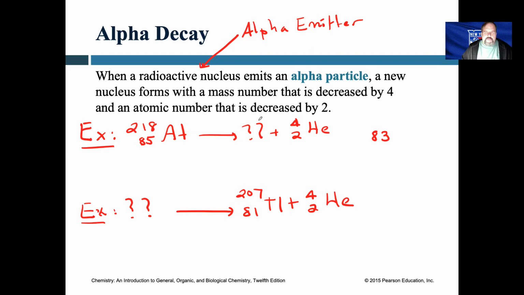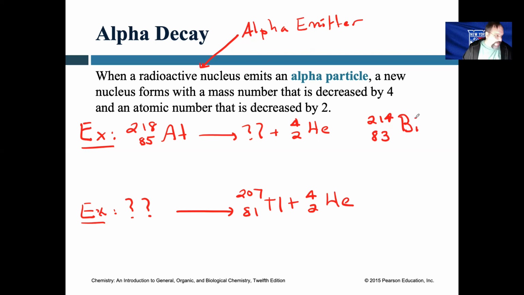So on the product side, we ask, what plus 4 is 218? That would give us 214. Now, the final piece of the puzzle is, what is the chemical symbol for our mystery substance? Again, we want to rely on the atomic number, because the only element in the periodic table with an atomic number of 83 is bismuth.